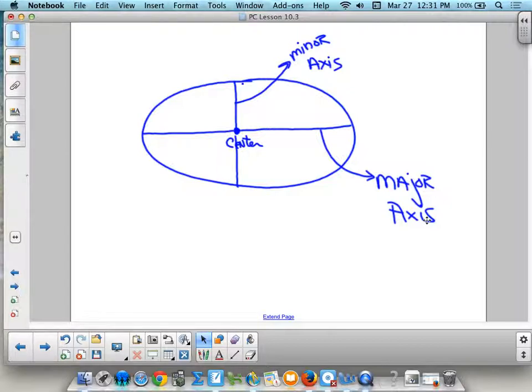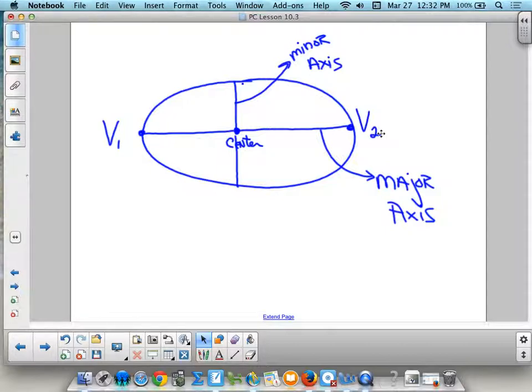Okay, that's really important. Now, there are 2 more things I'm thinking we can get. What else seems kind of important? Vertices. Okay. This is going to be one of your vertices, V1, this is going to be another one, V2. Just so you know, this up here and this down here, they're not vertices.